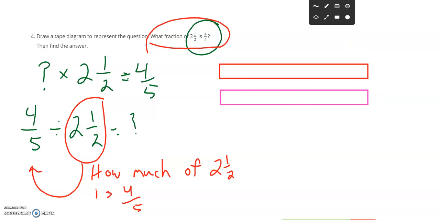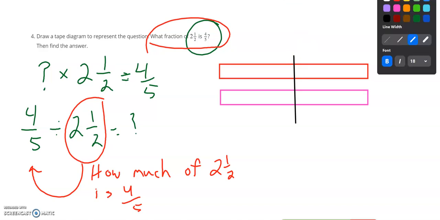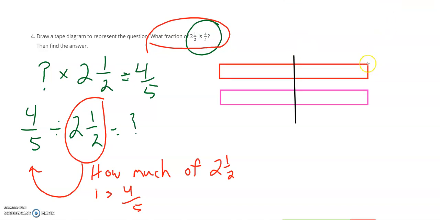So what I'm going to do instead is I'm going to draw 2. That's 2. Now it's easier to sort of draw a half. If that's 2, a half would be about there.